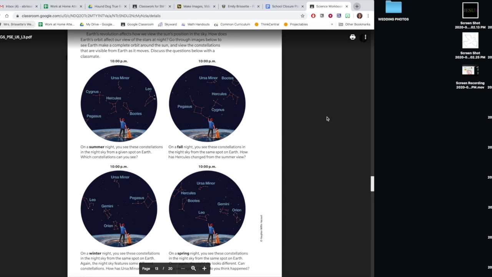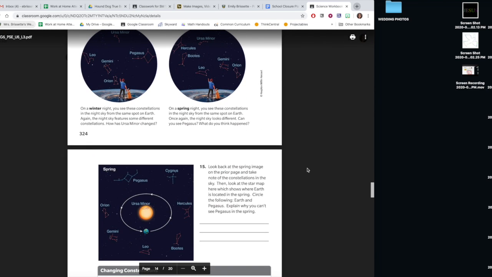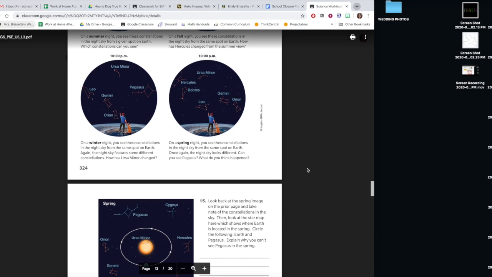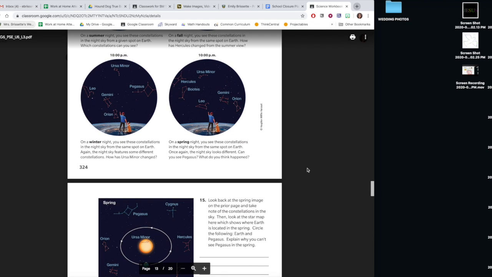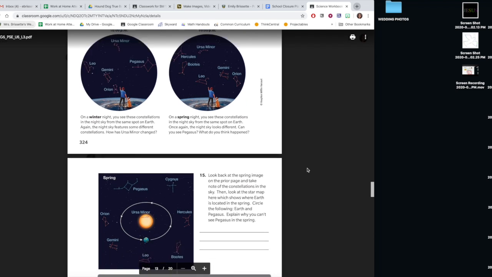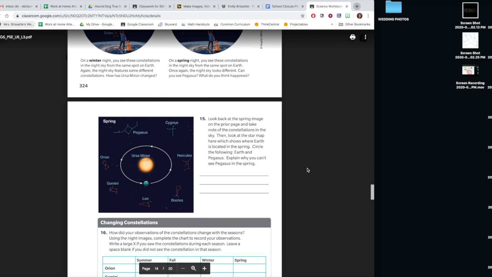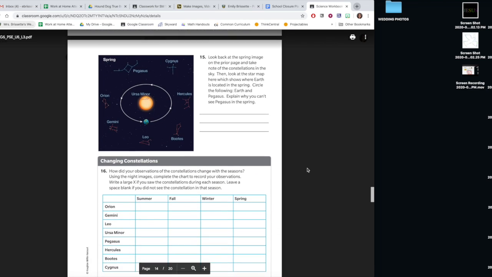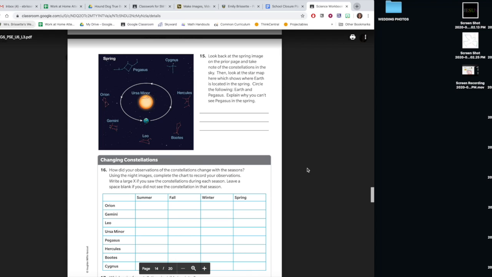And then we're going to be looking a little bit at how, through the different seasons, the constellations shift in the night sky. We kind of looked at constellations when we did the STEAM shuttle last fall. So if you're interested in space and constellations, you can check out how they move in the different seasons.